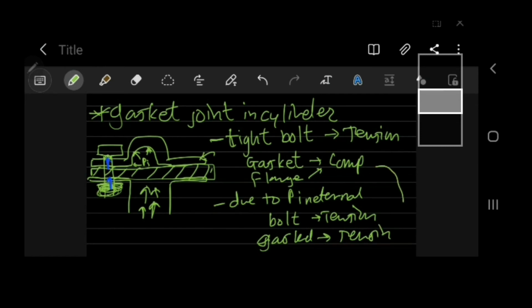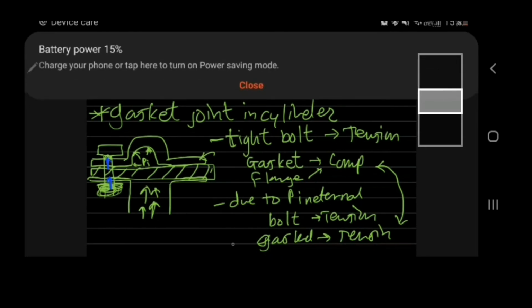So look here, in the pre-stressing condition the gasket and flange are in compression, and after applying internal pressure the gasket is in tension.